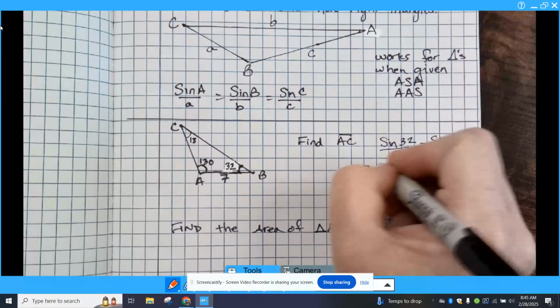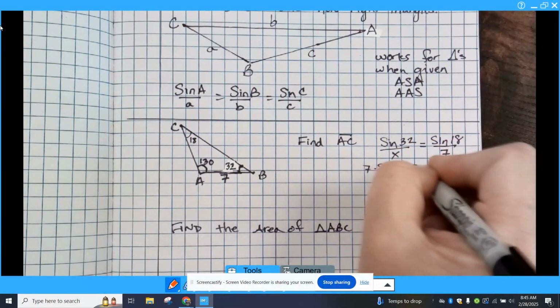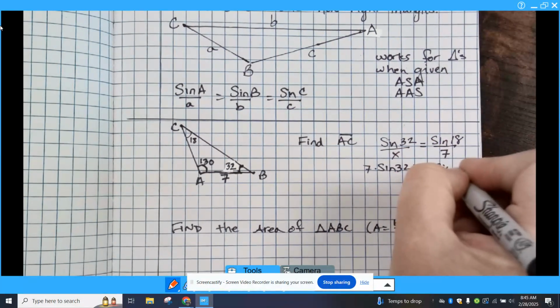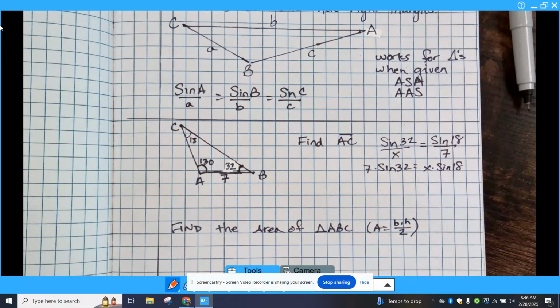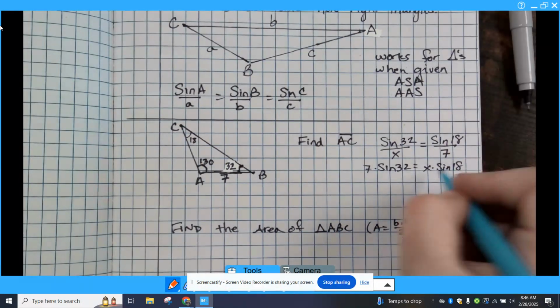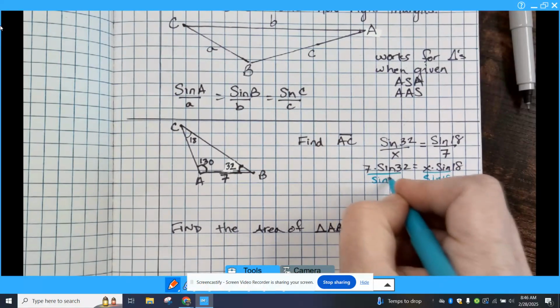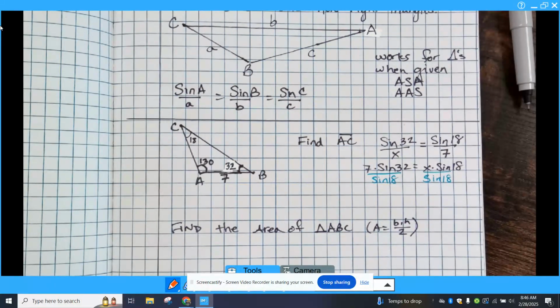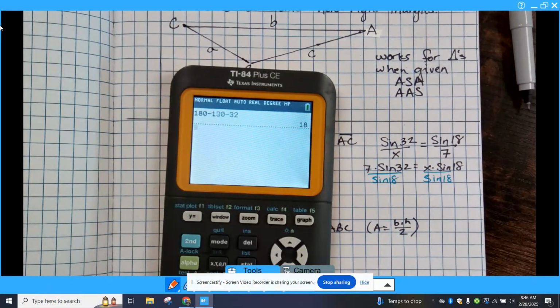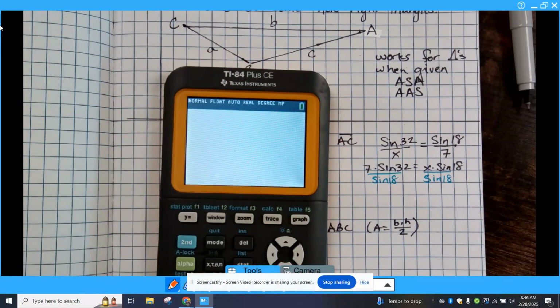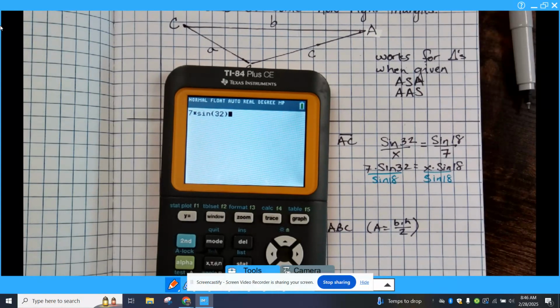We're going to cross multiply. So 7 times sine 32 equals x times sine 18. And now we're going to divide by sine 18 on both sides. And we will find our x to be 7 times sine 32, close the parenthesis, divided by sine 18.